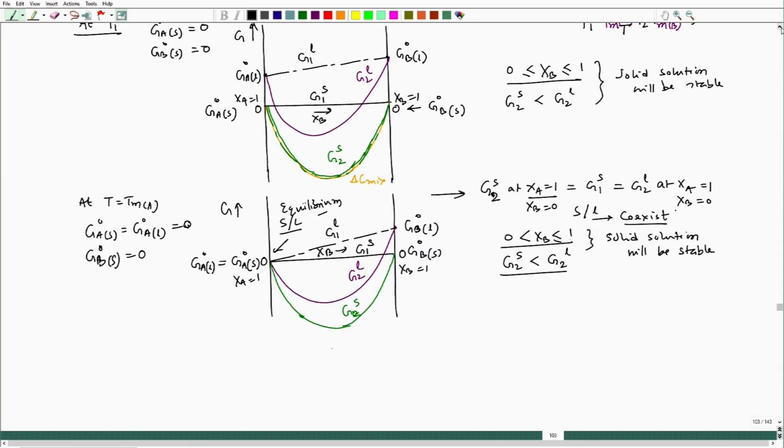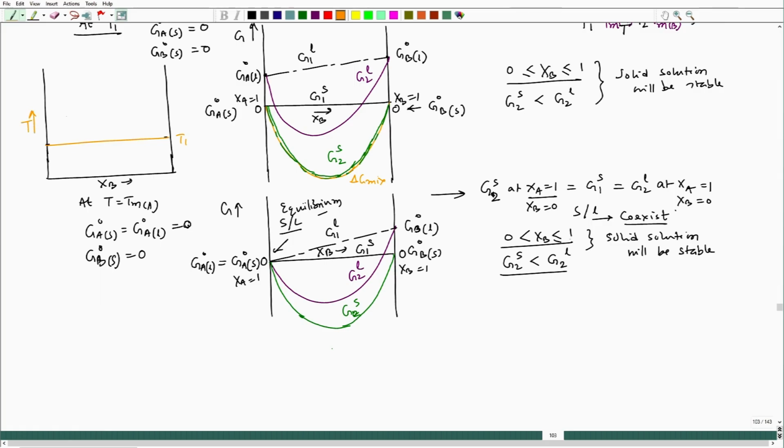So, if I try to plot these over a temperature and composition plot, which is nothing but the phase diagram axis, let me plot it here. This is XB, and this is the temperature axis.